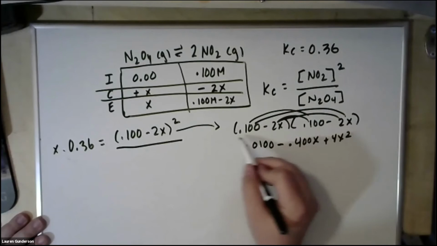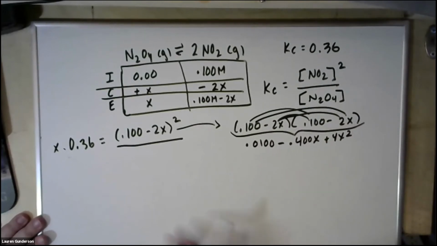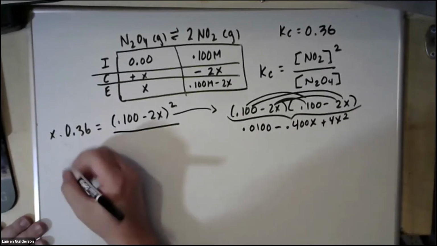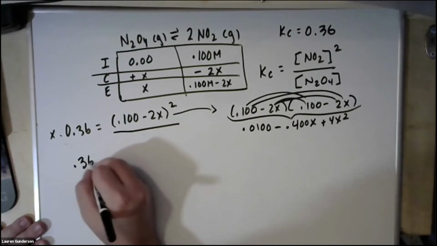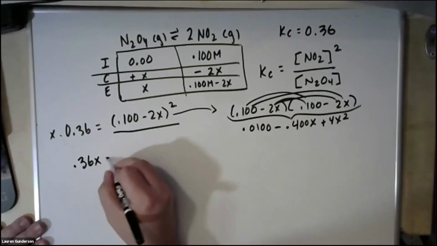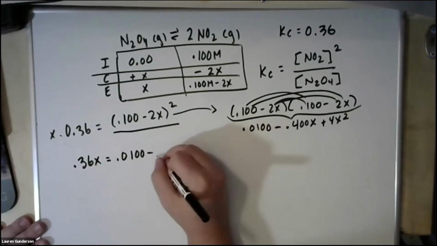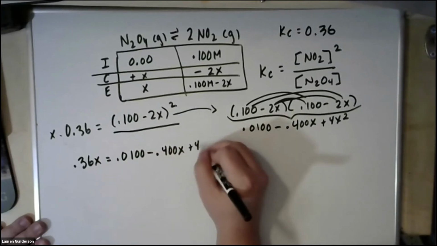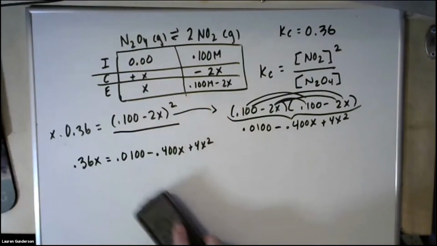That's what this expression gives us. Okay, so let's rewrite that, something that's a little less messy. So we have x times 0.36, or 0.36x, equals 0.0100 minus 0.400x plus 4x squared. Okay, hopefully that's good for everyone.